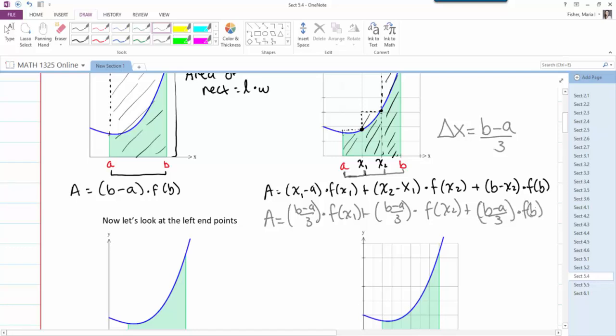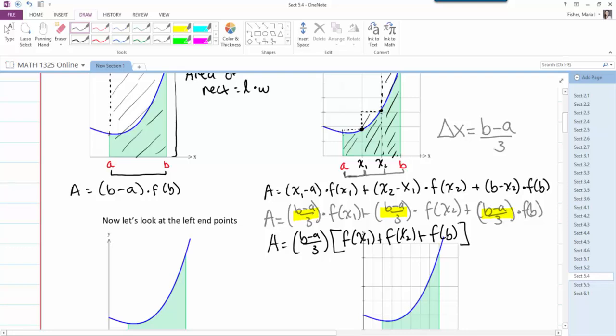I can take it a step further and factor out b minus a over 3 from each term. Therefore, my area can be written as b minus a over 3 times the sum of f of x sub 1 plus f of x sub 2 plus f of b.